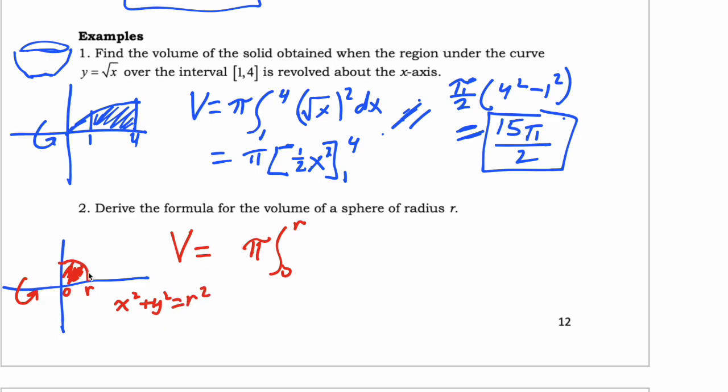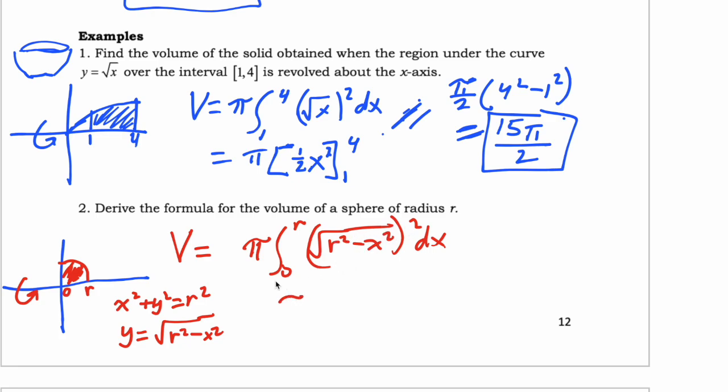To get this little graph here, you just solve for y and take the square root. So this is the square root of r squared minus x squared. That's the function that we're rotating around the x-axis. We do that integral and we square it, and the square root cancels. Oh, by the way, we need twice this area because that just gives you half of a sphere.